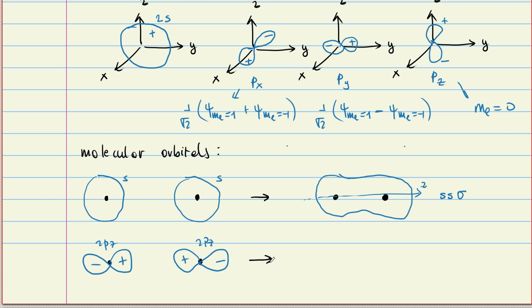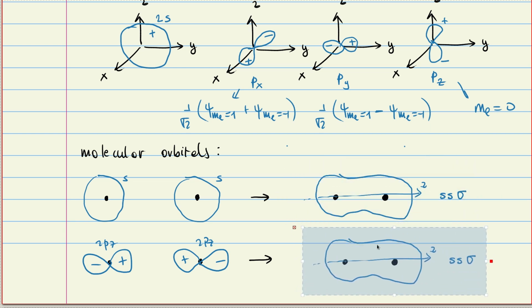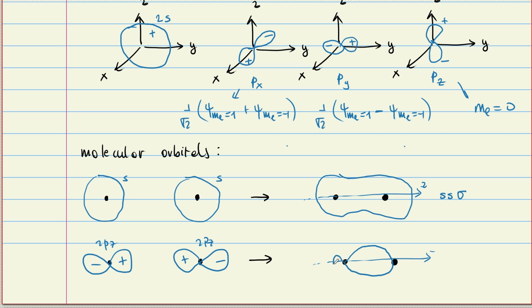When I bring them together, what is going to happen is I'm going to have more electron density in between, and I'm going to have these little ears here, because these two are going to combine and accumulate in the middle. There are two p orbitals, but because it is still symmetric with respect to the z-axis that goes through the two nuclei, it is still a sigma bond.